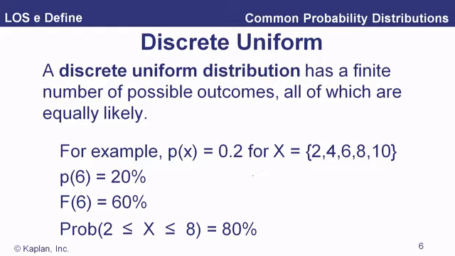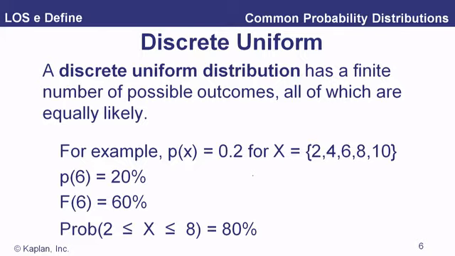In a discrete uniform distribution, the uniform part means that each outcome has the same probability, and discrete means we've got a countable number of possible outcomes.